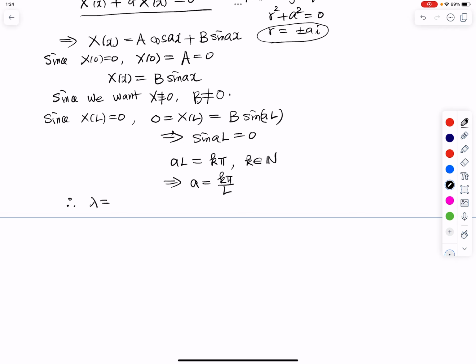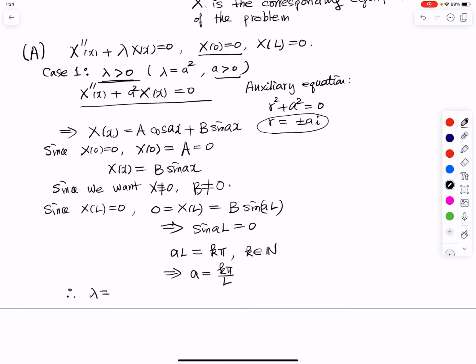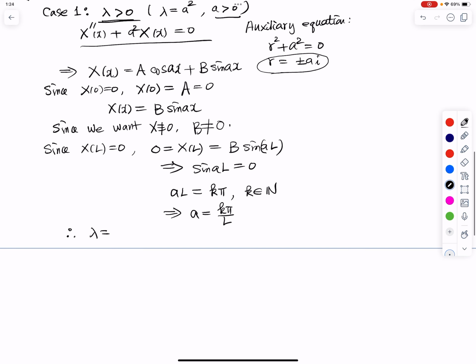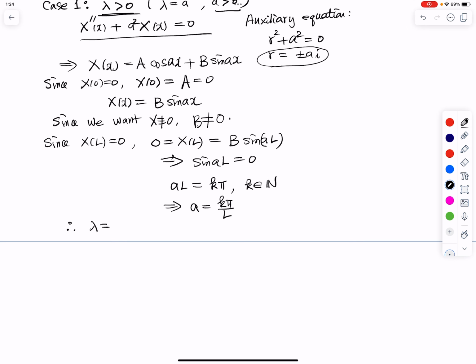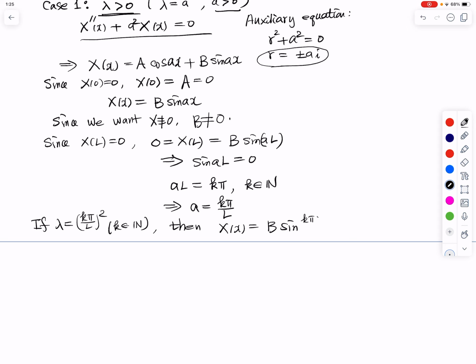Lambda equals, if you assume lambda is positive, then if lambda equals k pi over L squared, k is a natural number, then from here I have X(x) becomes b sine, a equals k pi x divided by L.